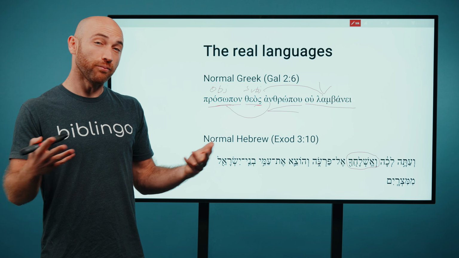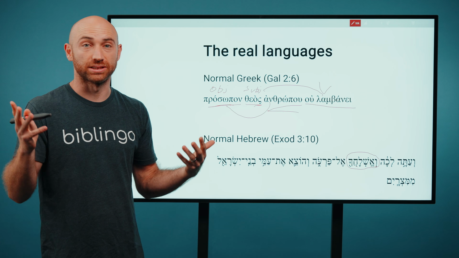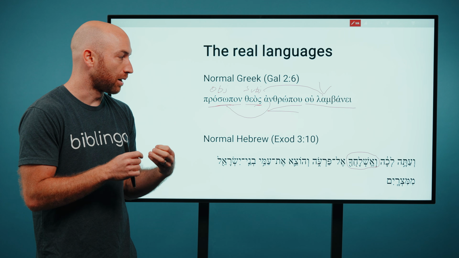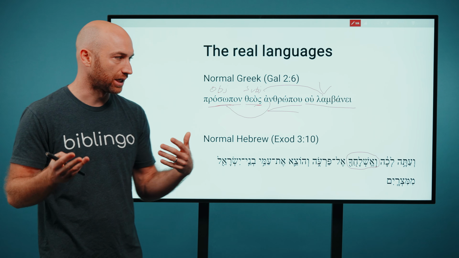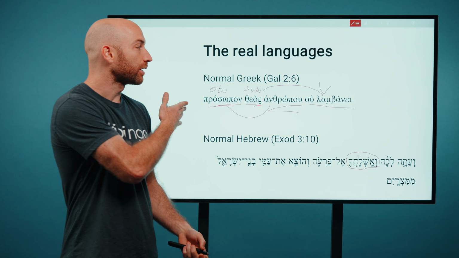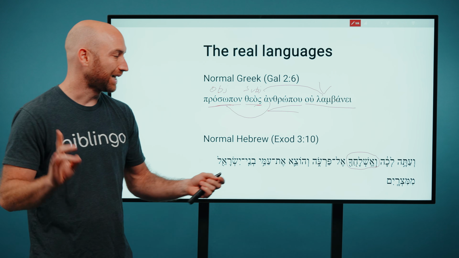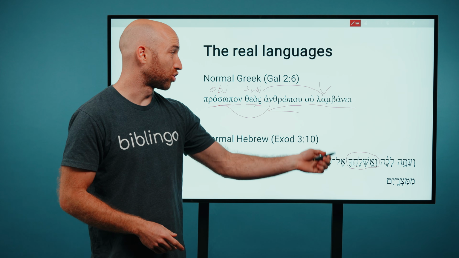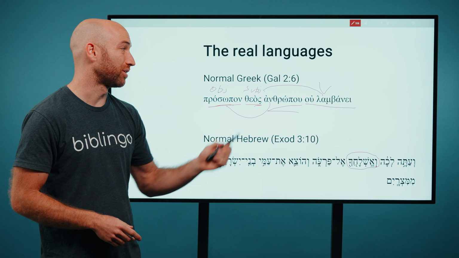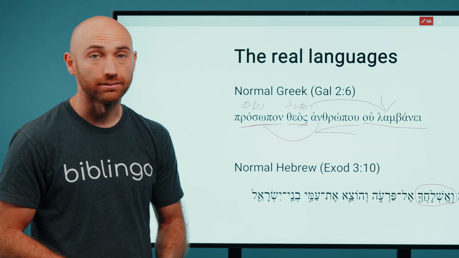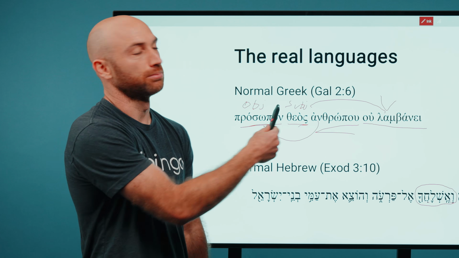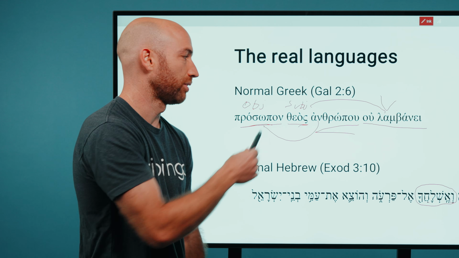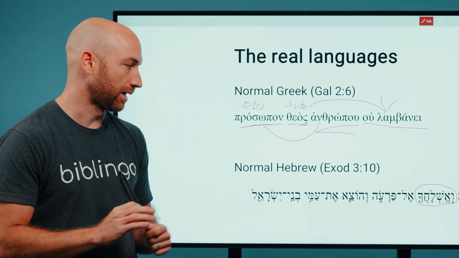So that comes with its own difficulties, right? There are morphological complexities in Hebrew that are probably a little bit harder than in Greek. At the same time, Hebrew probably is not as hard syntactically as Greek. You don't have as much movement like this. In Greek, you can have all kinds of things.